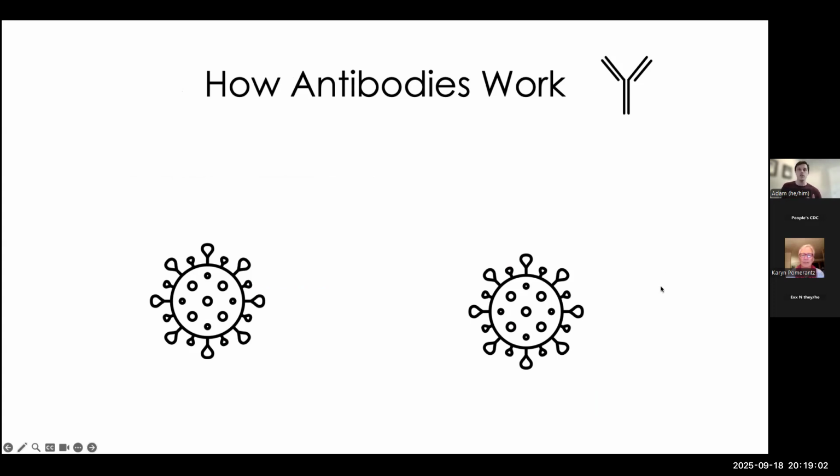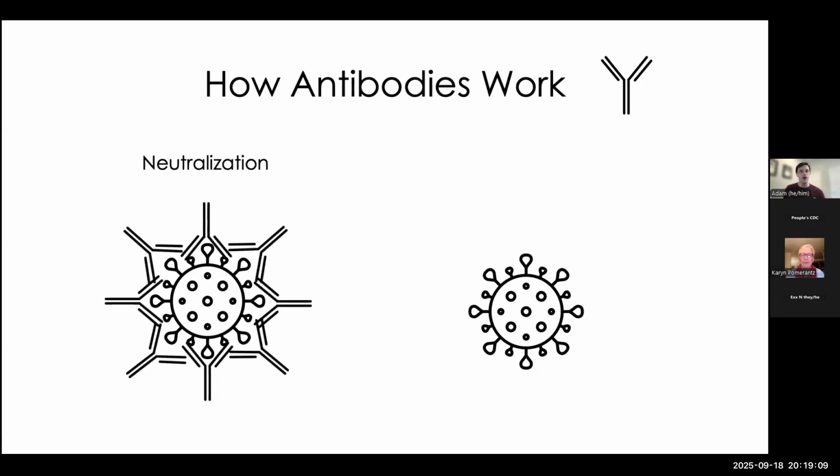So there's two major ways that antibodies work with viruses. First is neutralization, where you get enough coverage around a virus so that it cannot attach to a cell. It can't invade, it can't replicate, it's neutralized. And so when this happens, your body just clears it like normal, any sort of detox that happens in your bloodstream.